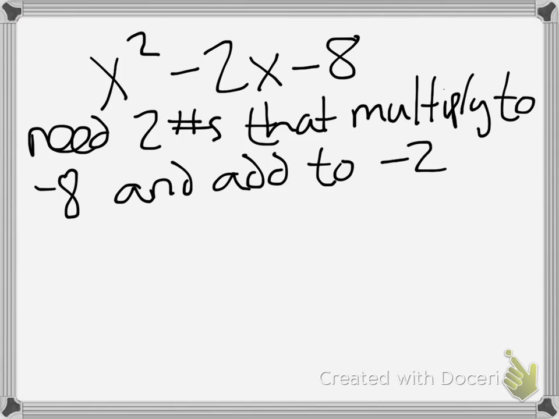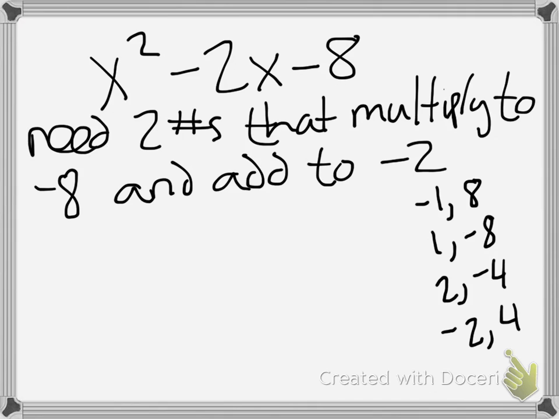Let's think about all of my choices. Maybe I have -1 and +8. Maybe I have +1 and -8. Maybe I have +2 and -4. And maybe I have -2 and +4. I can check all of these, see what adds up to -2.